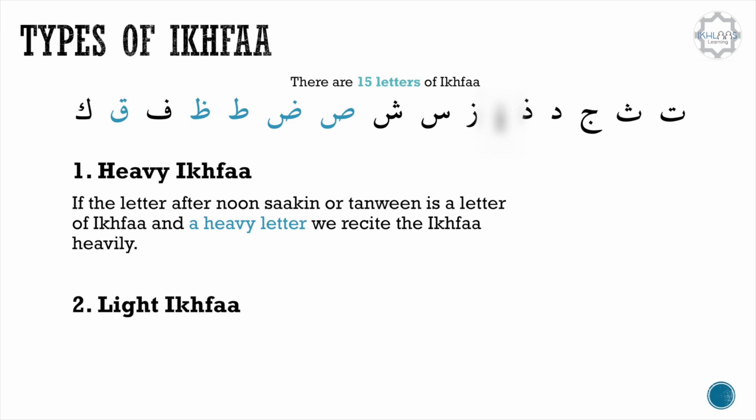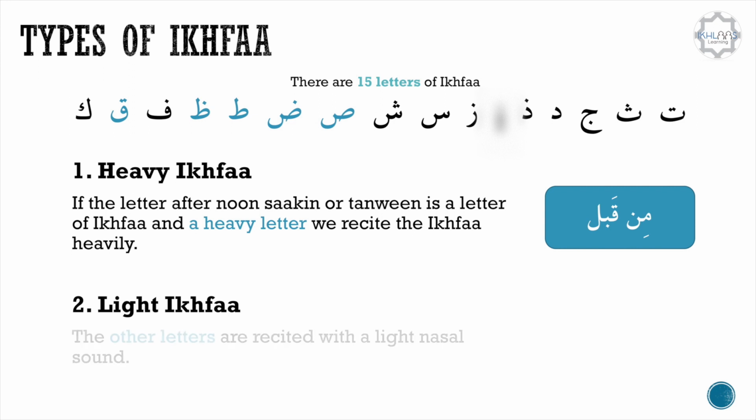Heavy Ikhfa is if the letter after Noon Saakin or Tanween is a letter of Ikhfa and a heavy letter, we recite the Ikhfa heavily. The letters are Sad, Dad, Ta, Dha, and Qaf. For example, the word Min Qabl, where we can hear that Noon has a heavier nasal sound.